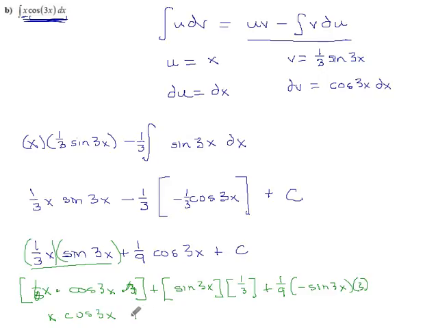From this term, we get plus 1/3 sine 3x. And from this last term, we get minus 3 times 1/9, which is 3/9, which is 1/3 sine 3x. And look at that. 1/3 sine 3x minus 1/3 sine 3x. All that cancels out, and all that survives is x cosine 3x, which is exactly our integrand. This thing actually works.